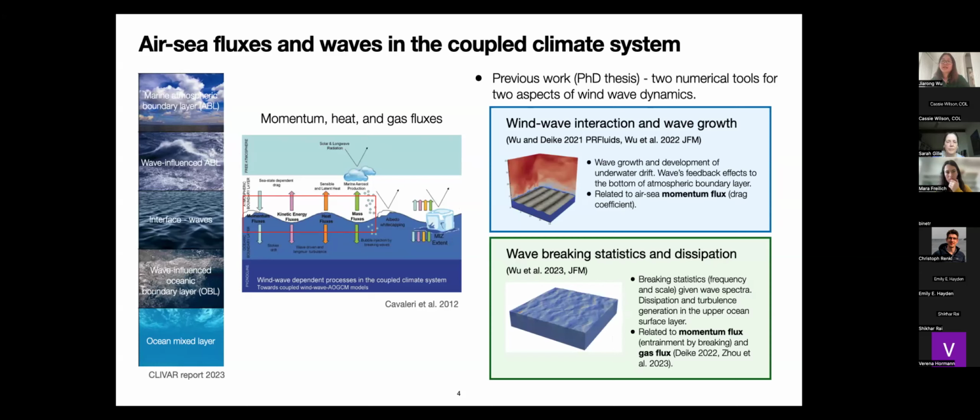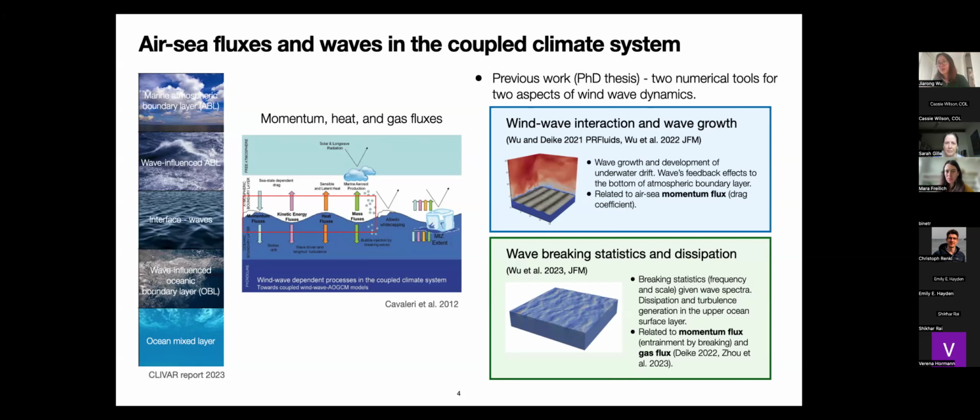The second configuration is a single phase simulation with a free surface. We use this more computationally cheap configuration to study breaking statistics associated with an ensemble of a broadband wave field, and also the dissipation and turbulence generation due to breaking.